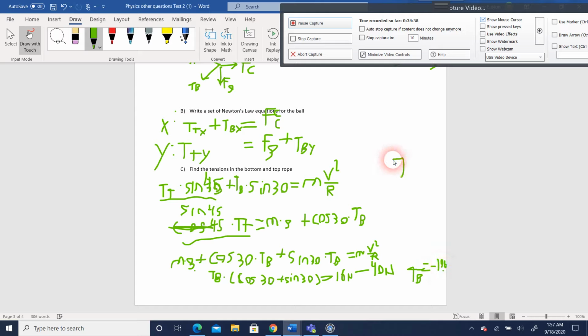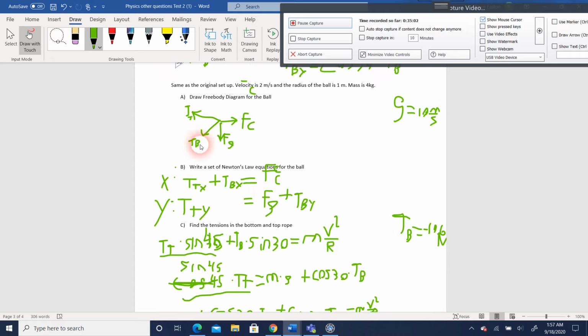So our bottom rope will have a tension of negative 19.6 newtons. And so one thing that might come up first is, why is this negative? The reason that it's negative is because I originally drew this tension as going this way, which was not the actual direction it's pulling.